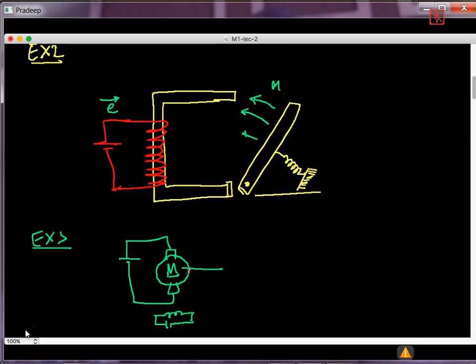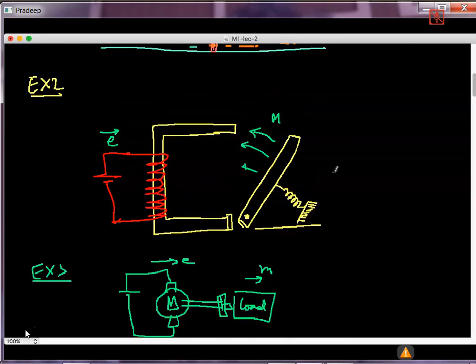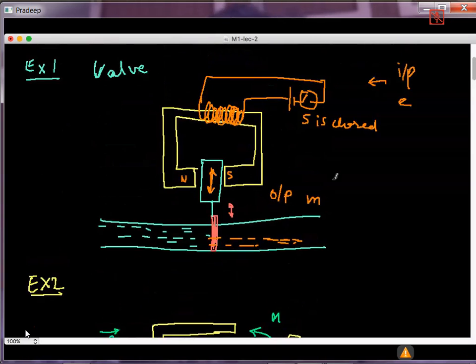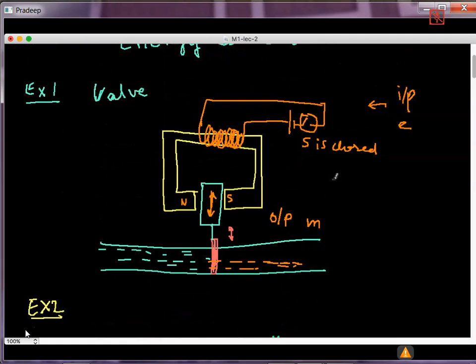Then there is a mechanical output that is driving the mechanical load. So again, the input is electrical, the output is mechanical. How is this electrical to mechanical conversion happening? These are 3 basic examples I have given. There could be many more examples of this kind.